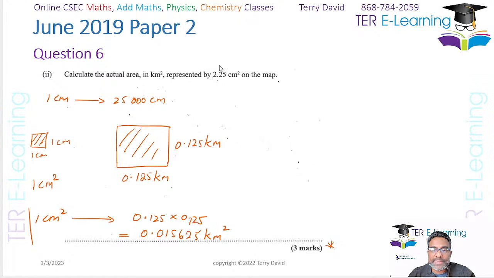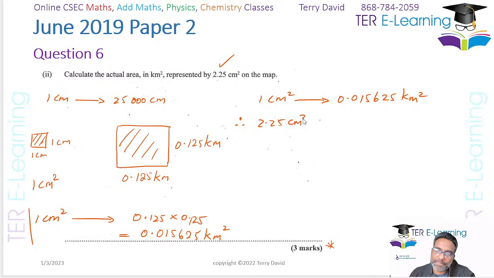Now, they're telling us that on the map we have an area of 2.25 cm squared. We already know that 1 cm squared represents 0.015625 kilometers squared. So to work out for 2.25 cm squared, all I need to do is take that 2.25 and multiply by that long number there.